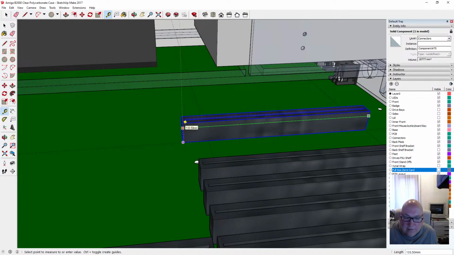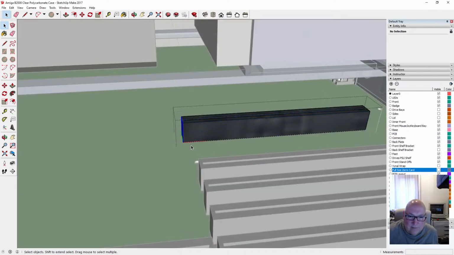Right, so let's try and do my maths. 133.5, and what we want is 116. So 3.5 plus 14 is 17.5.